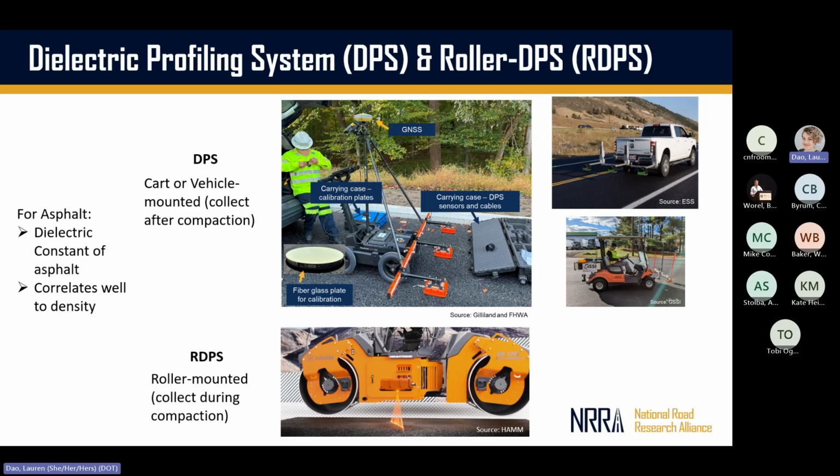This is going to give us the dielectric, which correlates very, very well to density. So we can create these heat maps showing density across the project, which gives us way, way more information than just taking a gauge out and doing spot testing. So again, we're going to talk a little bit about the cart or vehicle mounted versions, and then also the latest roller mounted versions.